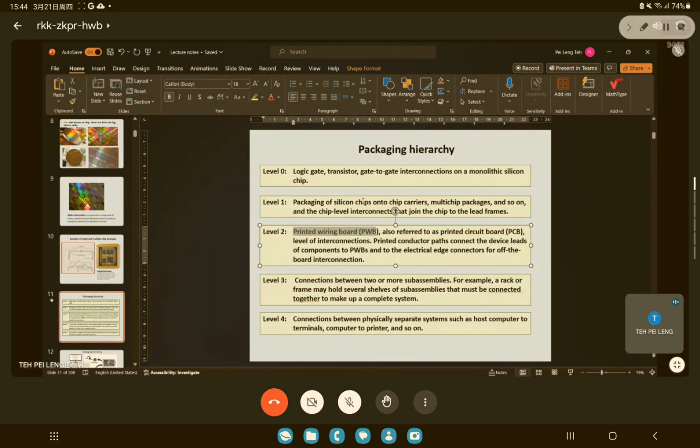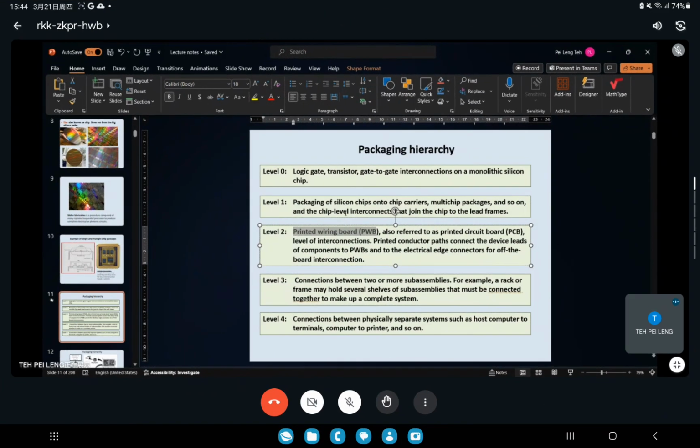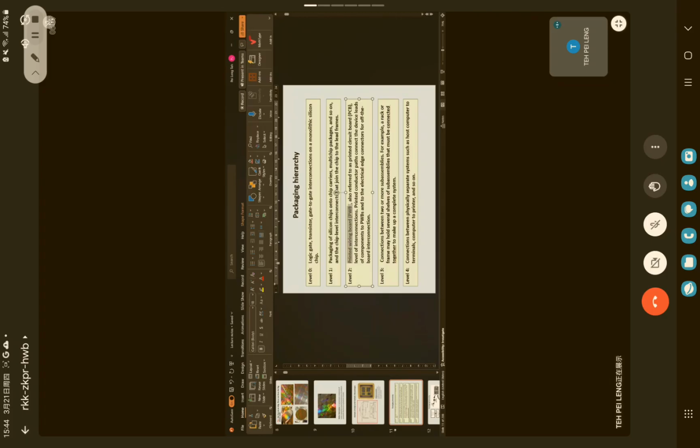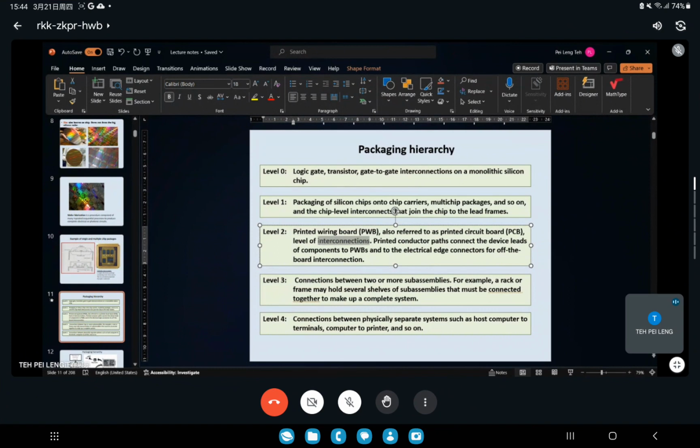So assembly is a continuous process. From here to here, then PCB assembly or PWB assembly. What's the purpose? All are providing interconnection. This is what we call the second level interconnection process, on the motherboard.